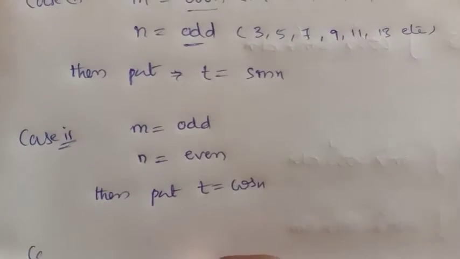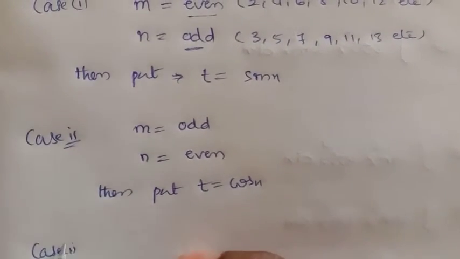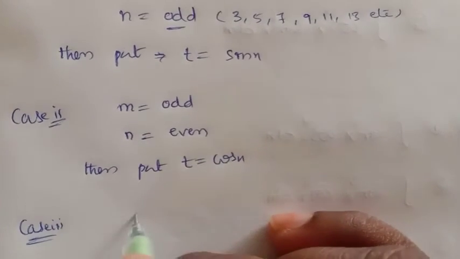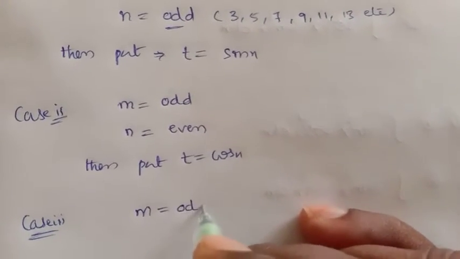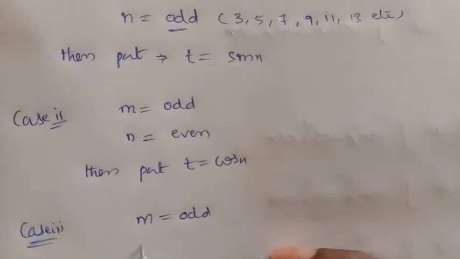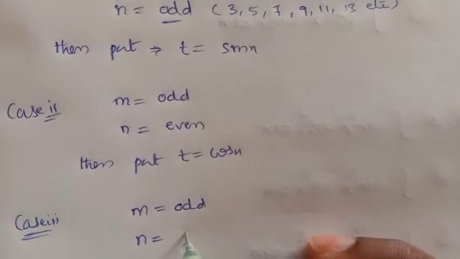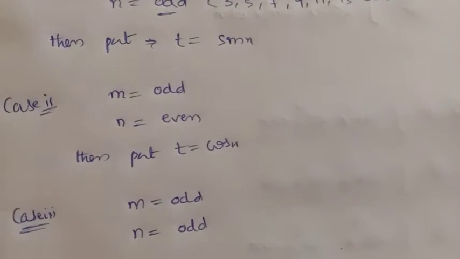Case 3. The power of sin x, m, is odd number. The power of cos x, n, is also odd number.